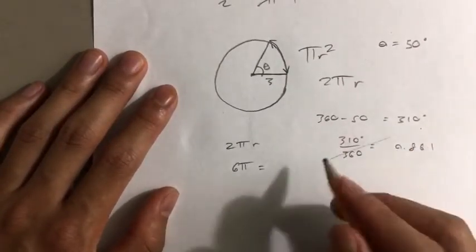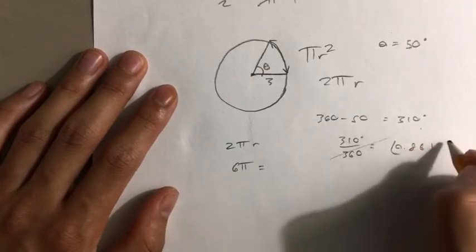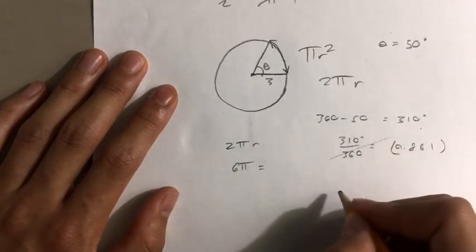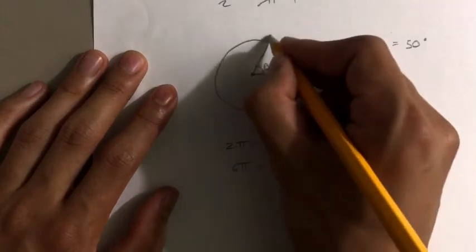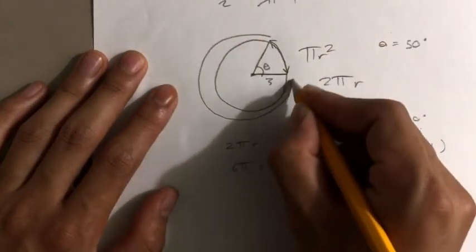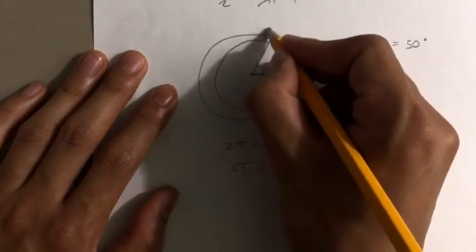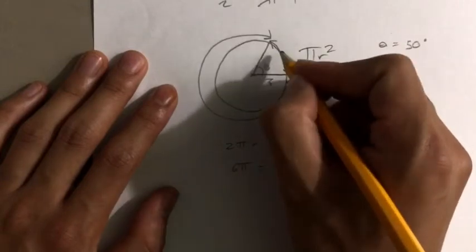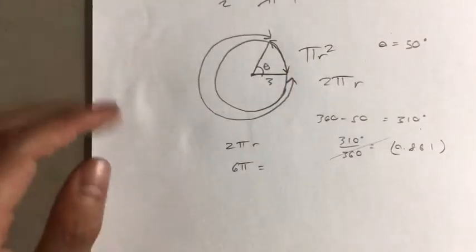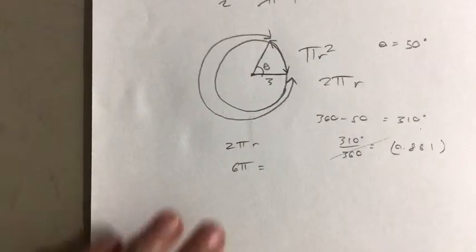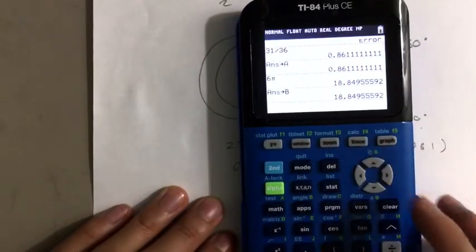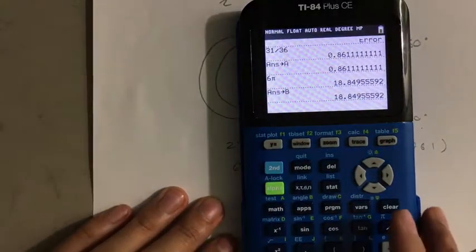So what I like to do is I like to multiply this by the total circumference, and that'll give us this arc length. And then you want to subtract the total circumference from that to get that. So I like to think about it analytically, and the way I do it is it's kind of similar to how I do Algebra 2 in general.